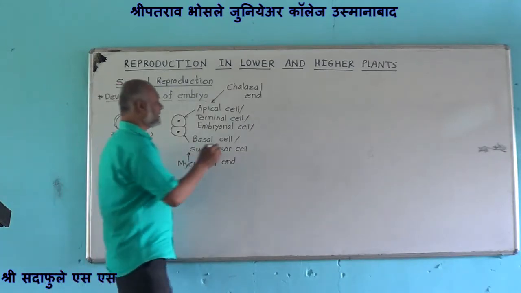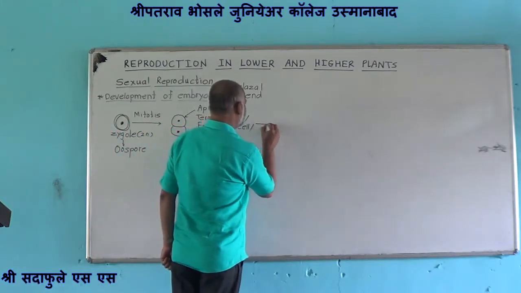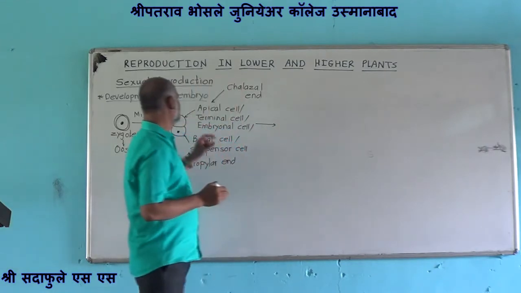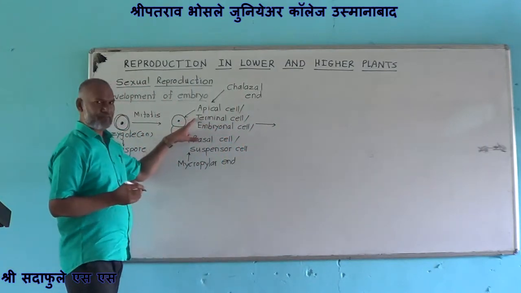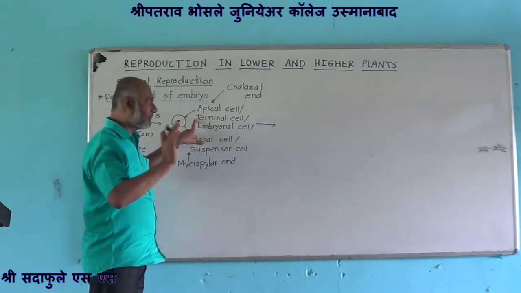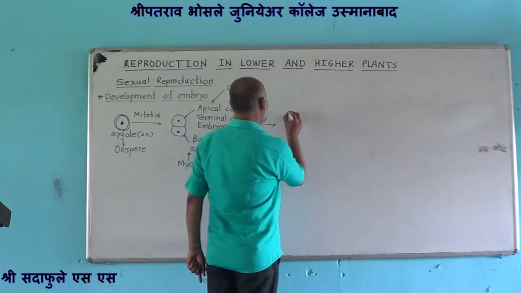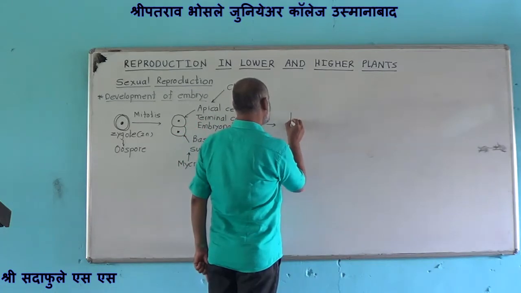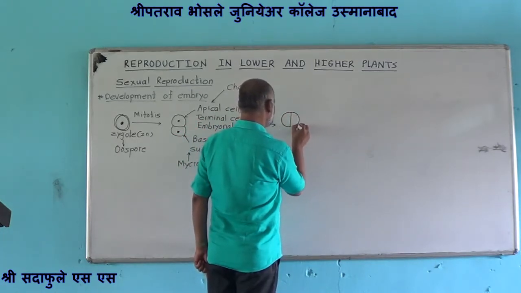Now what happens in the next step? In the next step, this apical cell divides by mitosis, by vertical division, and forms two cells like this.